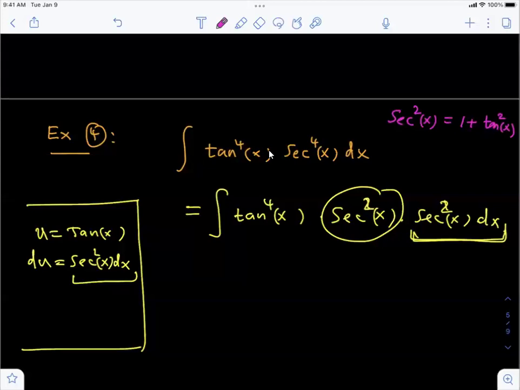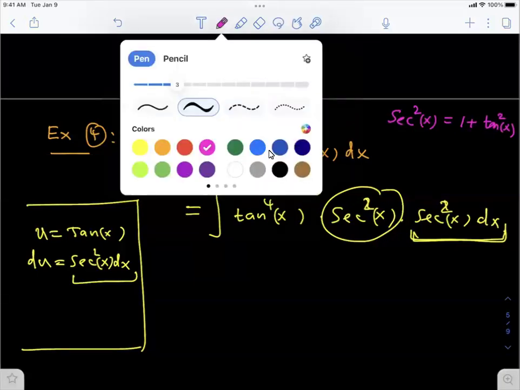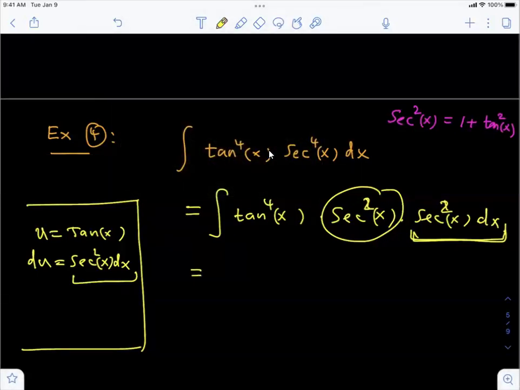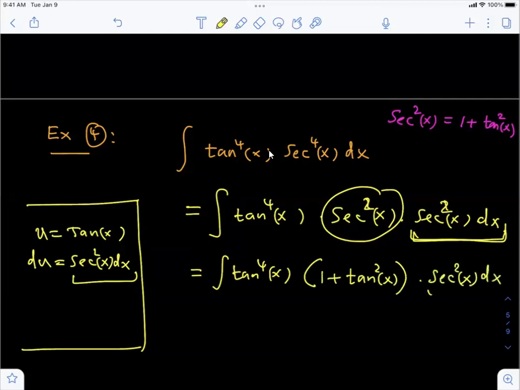It is a variation of the Pythagorean identity. So let's do this. Tangent to the fourth, secant square is none other than 1 plus tan squared x, and then secant squared x dx. This entire process is just to brush it up a little bit so that you can see it better.